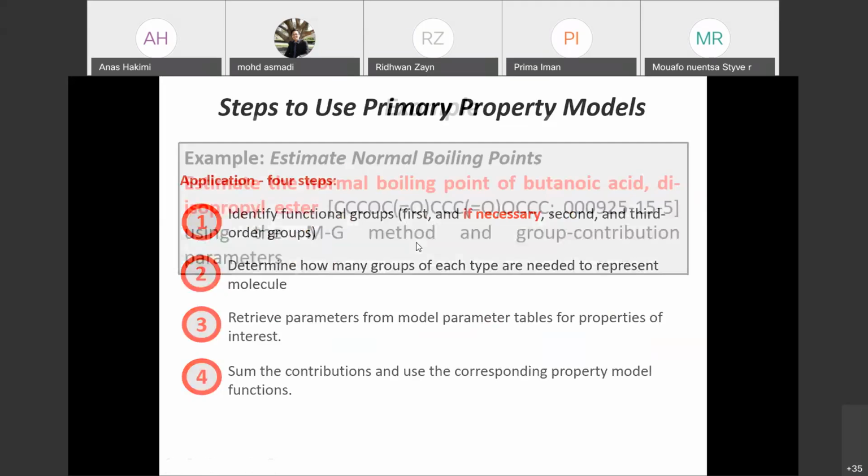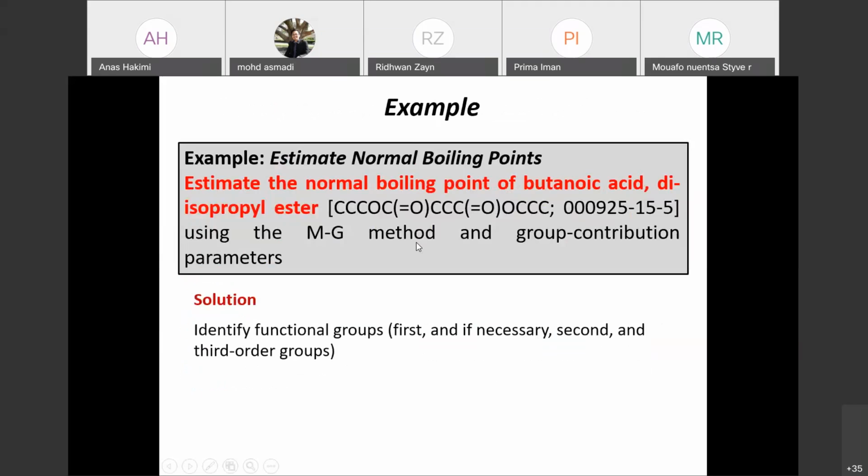Okay, so let's see the examples. For the normal boiling point, estimate the normal boiling point of butanoic acid isopropyl ester.